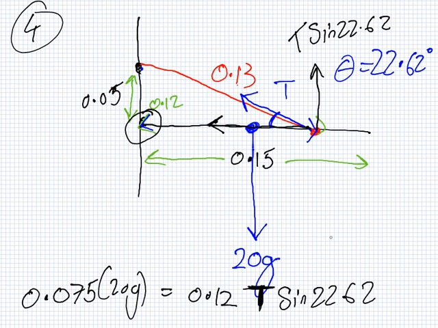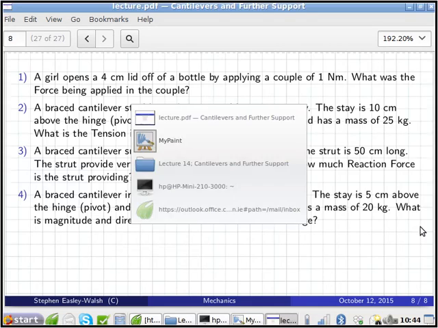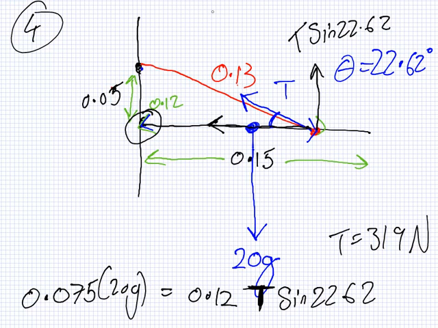So I get T is 319 newtons. Now is that what I'm looking for? No. I want the reaction force here. So I should calculate this one. This one will be T cos.